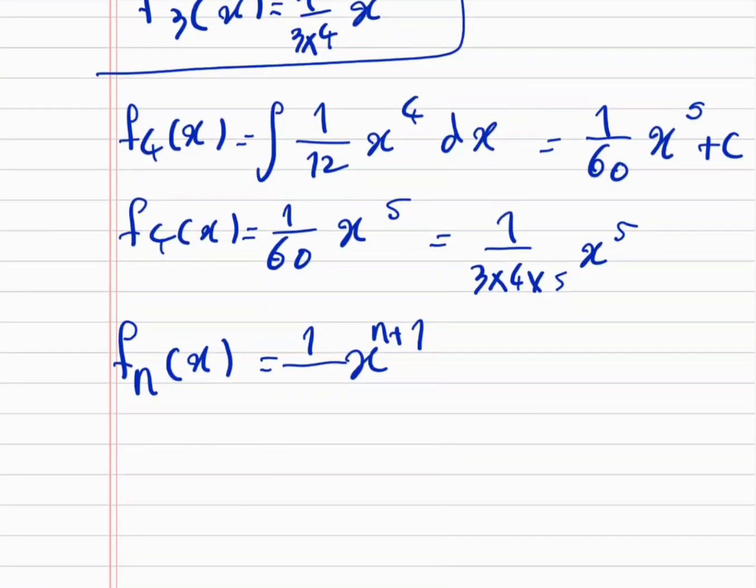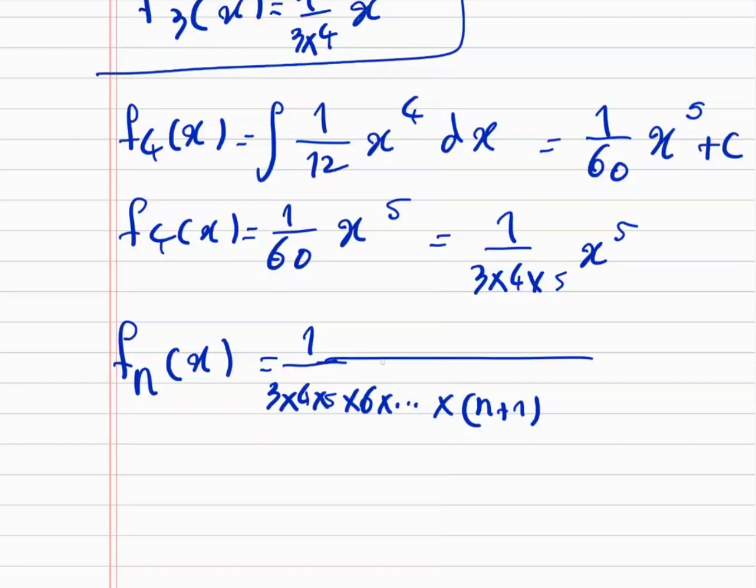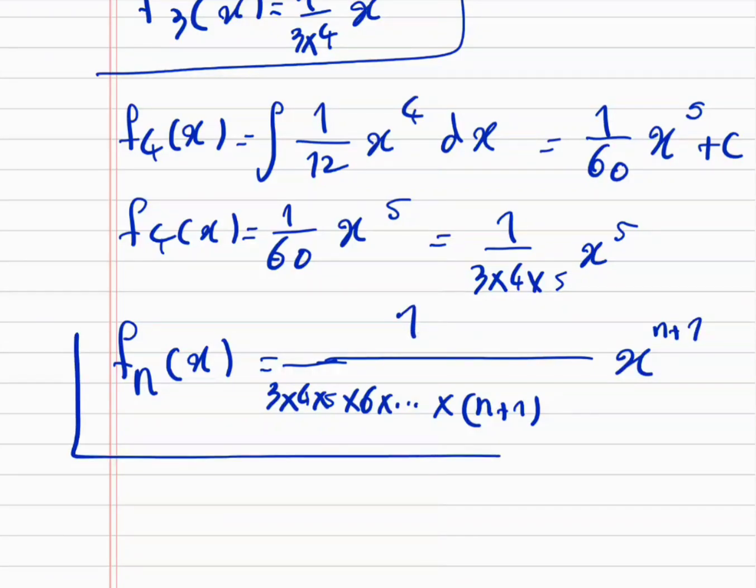So you just keep doing this multiplication for the denominator, like 3 times 4 times 5 times 6 until you have n plus 1. And for your x, we said that it's just to the power of n plus 1. And yeah, so this is the nth function.